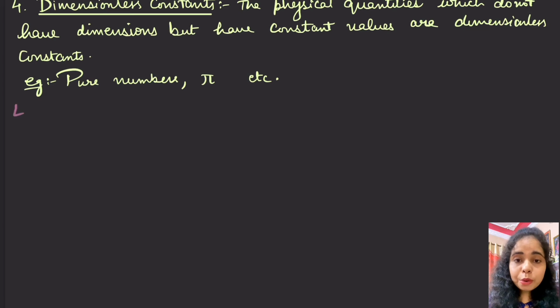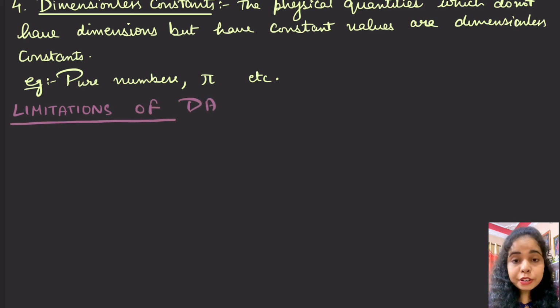Now we will talk about the limitations of dimensional analysis. There are many uses of dimensional analysis, but it is important to know the limitations of dimensional analysis first. So the first limitation of dimensional analysis is that any constant which is involved in a physical relation cannot be determined with the help of dimensional analysis.